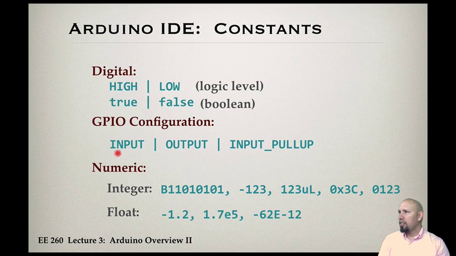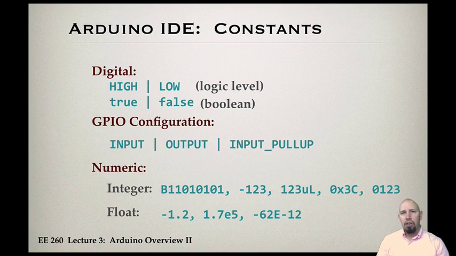Here are some other constants associated with the general purpose input-output ports: INPUT, OUTPUT, and INPUT_PULLUP. If you want to set up a digital signal, one of your GPIO, general purpose input-output pins, to be a digital input, then you can use that. If you want it to be a digital output, you can use that. If you want it to be a digital input with a pull-up resistor inserted.